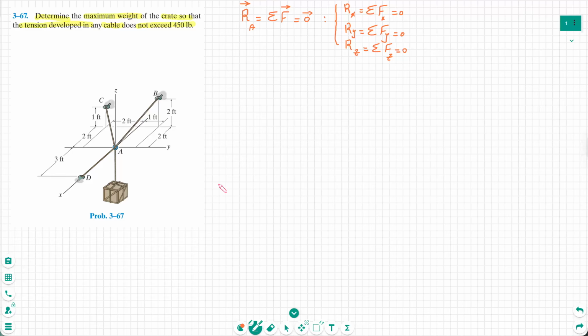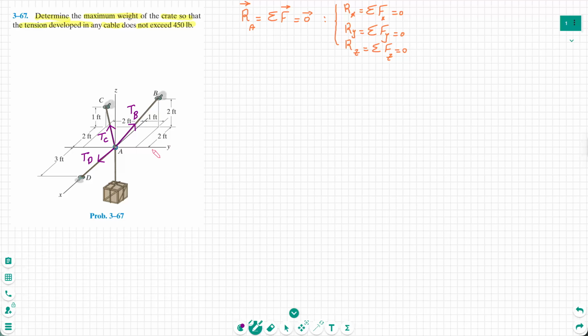Okay, to understand this better, let's show you the forces that apply to the point A. One force is here, so I call this TA. The other force, because it's toward the B, it's better that I call TB. The other force is this force that we called TC, and the other force that I show here we called TD: TA, TB, TC, and TD.